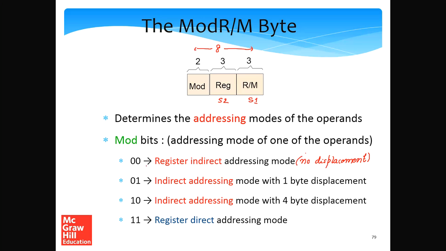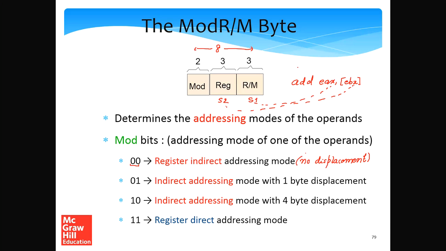This would be an instruction of the form, let's say, add EAX. Here there is no displacement, and the first source would encode EBX and the second source would encode EAX.